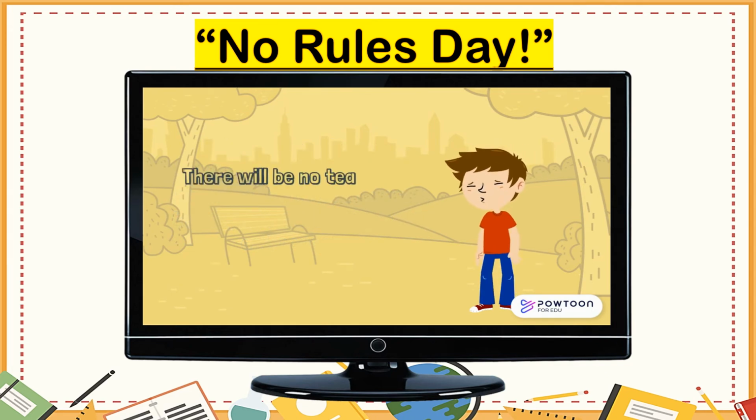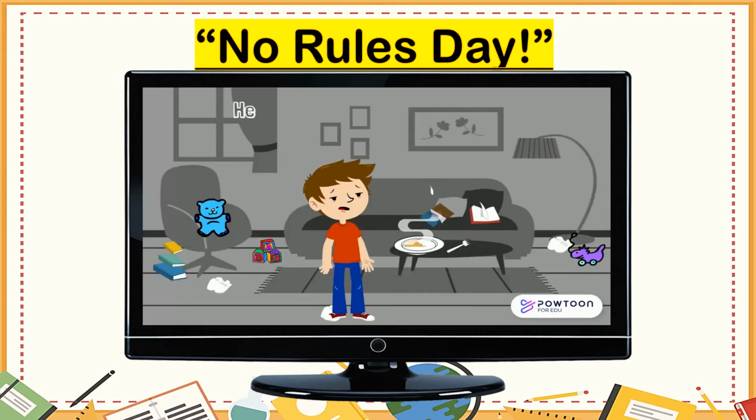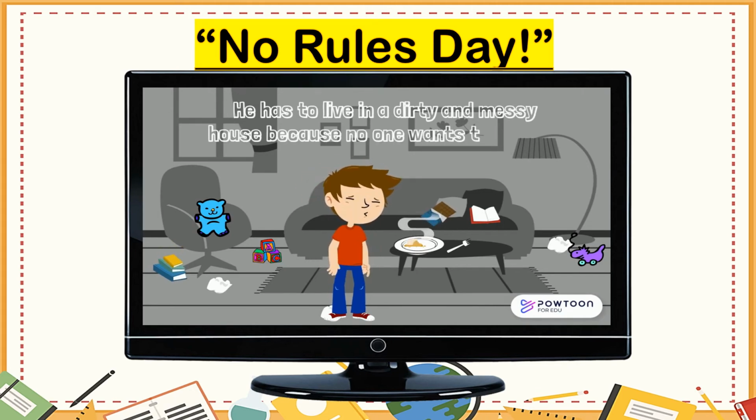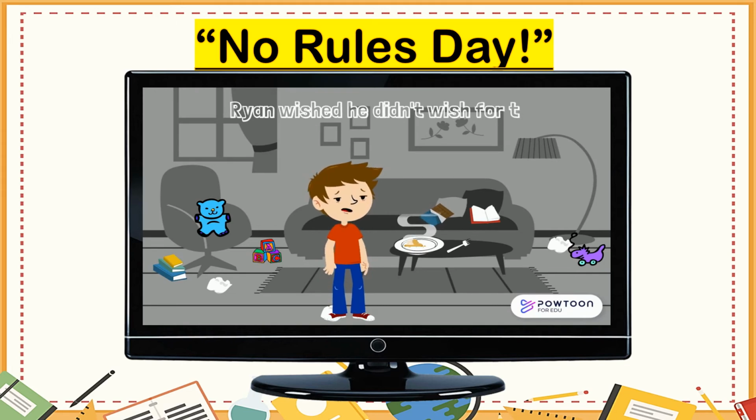There will be no teachers to teach kids what is right and wrong. He has to live in a dirty and messy house because no one wants to clean it up. Ryan wished he didn't wish for the world to have no rules.